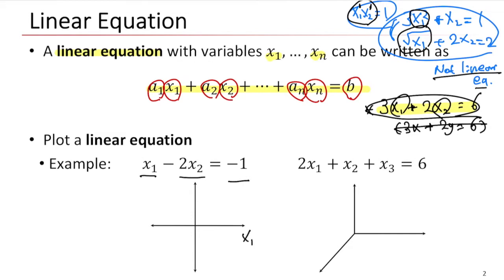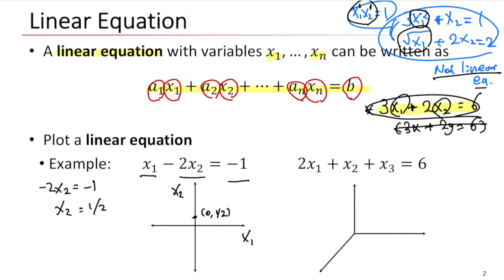First of all, there is x1 and x2. When x1 is equal to 0, x2 is going to be 1 over 2, so the point is 0, comma 1 over 2.